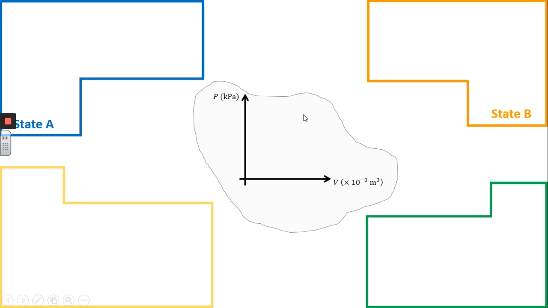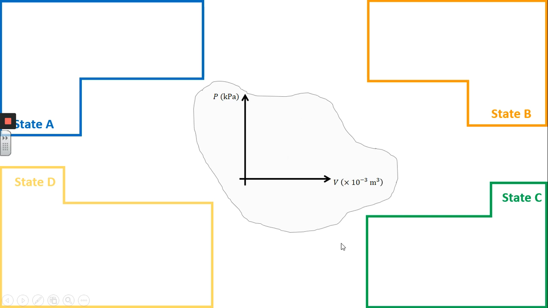And then state C maintained the large volume, but was at a lower pressure. So state C should be this green box. And then state D, it was at the low volume and low pressure. So state D should be in this lower left-hand corner.